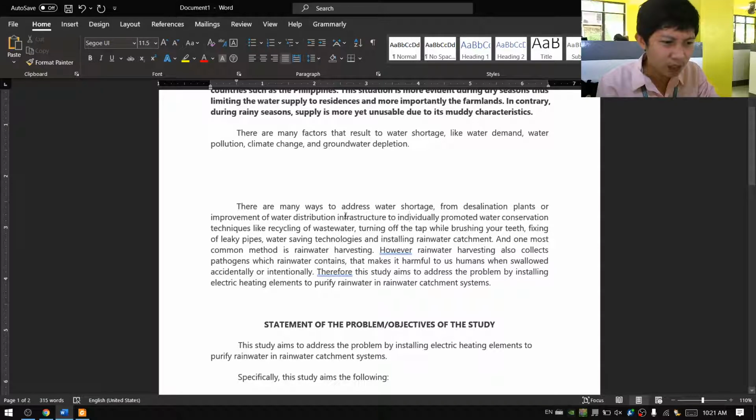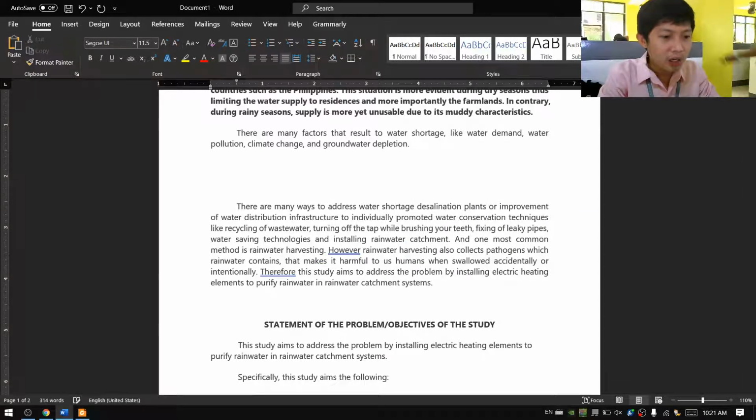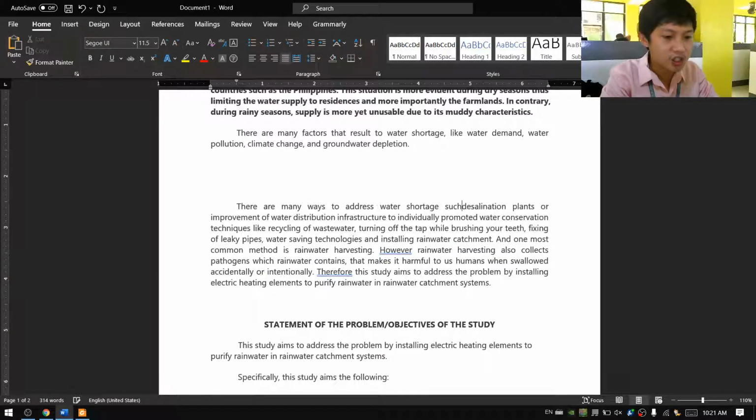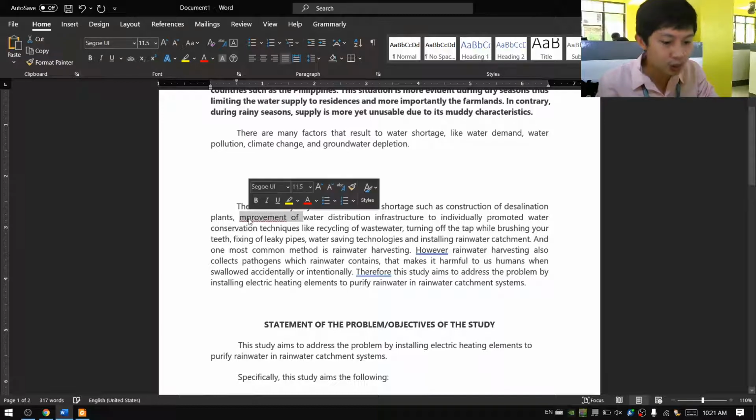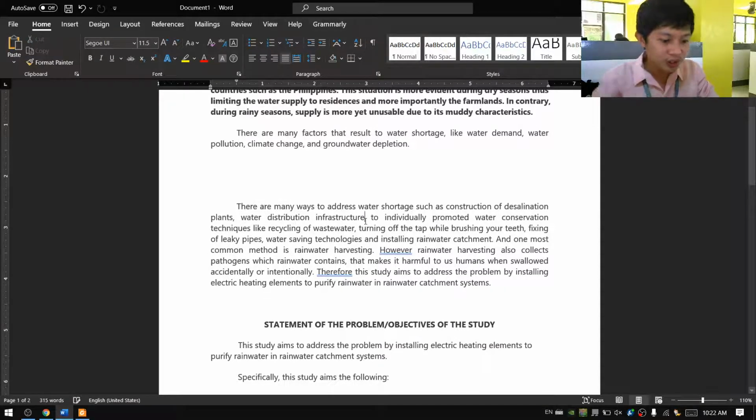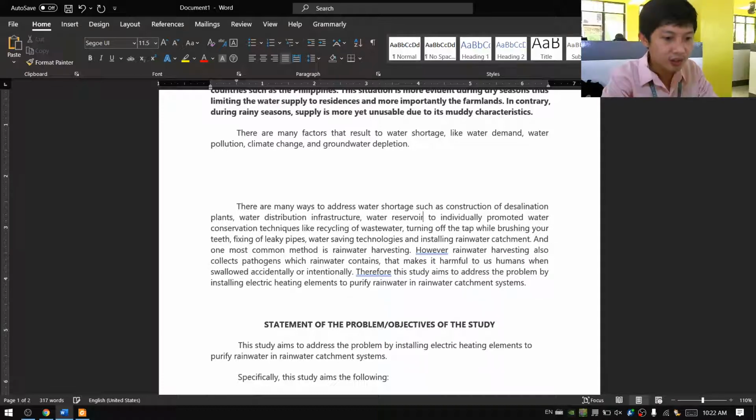Okay, many ways to address water shortage. You say there are many ways to address water shortage, such as construction of desalination plants, water distribution infrastructure, water reservoirs, and reforestation.